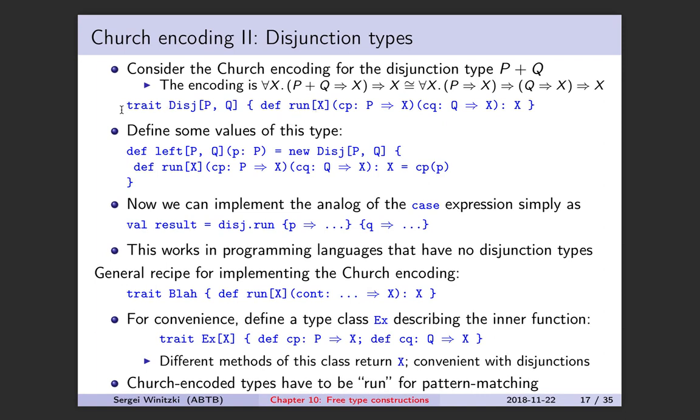So in order to do that, you define a trait. Let's call this trait disjunction. It's going to be church-encoded disjunction. P and Q are going to be just parameters for it. I didn't necessarily have to do it this way. Importantly, this trait has a method inside that is parameterized by x, and this x is not one of these type parameters.